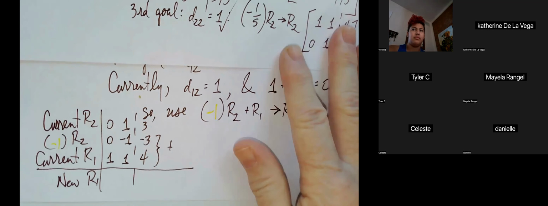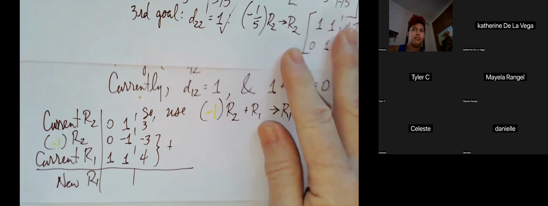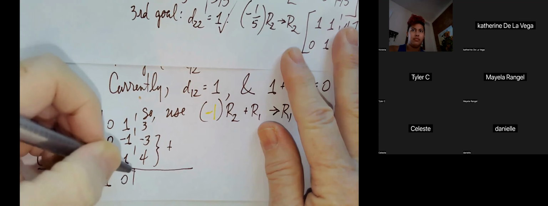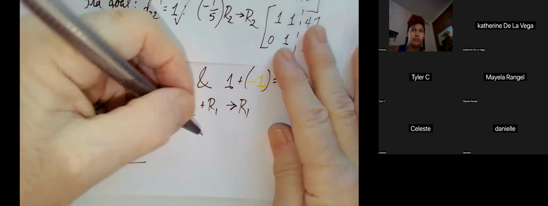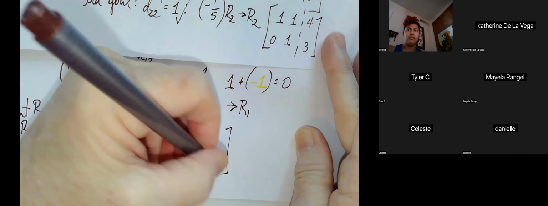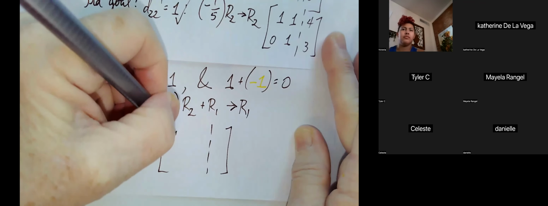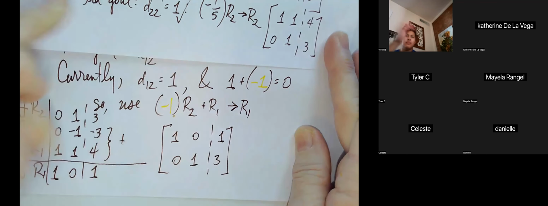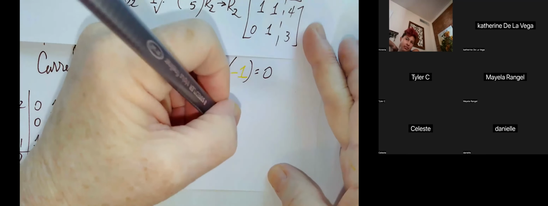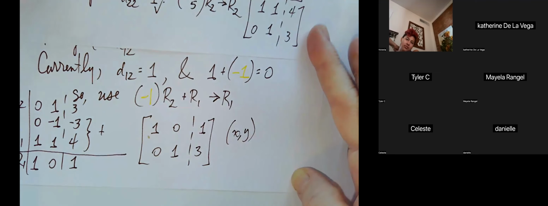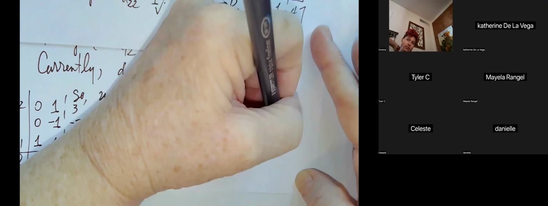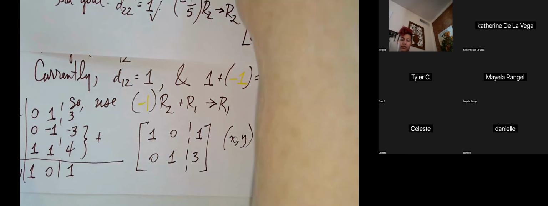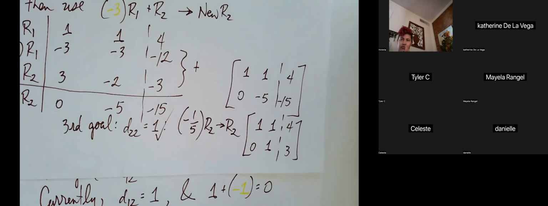And what do we get when we add the second and third rows? 1, 0, 1. Excellent. So that gives us the final matrix: 1, 0, 1, 0, 1, 3. And what does that mean that our solution is? X equals 1 and Y equals 3. Marvelous. So let's, because we're good, we always check.